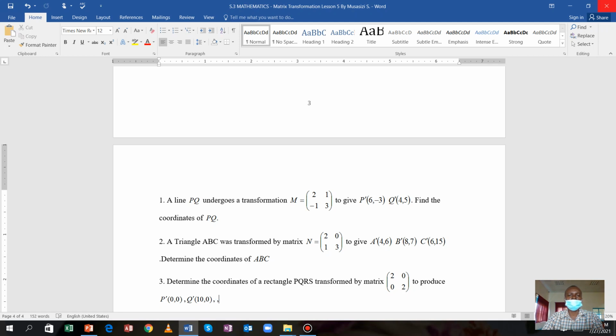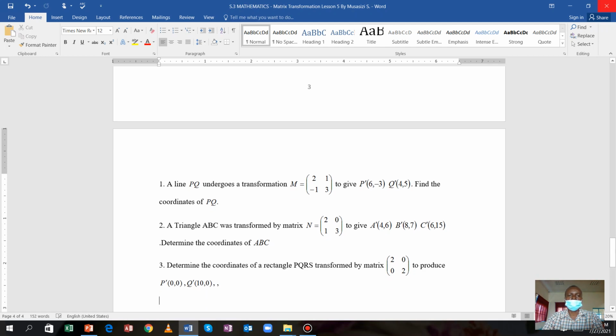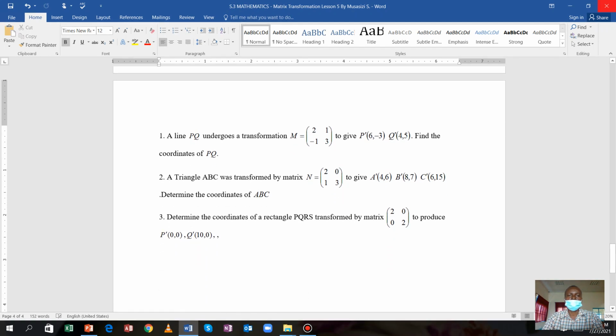Now for number 3, I still want to find the object points of this rectangle. Sorry, it has a mistake, it was not completed. I'll clear this one later. Number 3 is incomplete. Let me make it proper for you to continue doing that number.